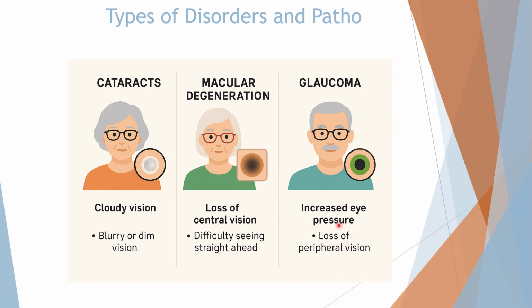Glaucoma can be also hereditary or age-related because, like I said, as we get older, our intraocular pressure does increase naturally. But if it's too high, it'll compress those blood vessels. So the patient won't be able to see because the photoreceptors in their nerve fibers aren't able to function normally.